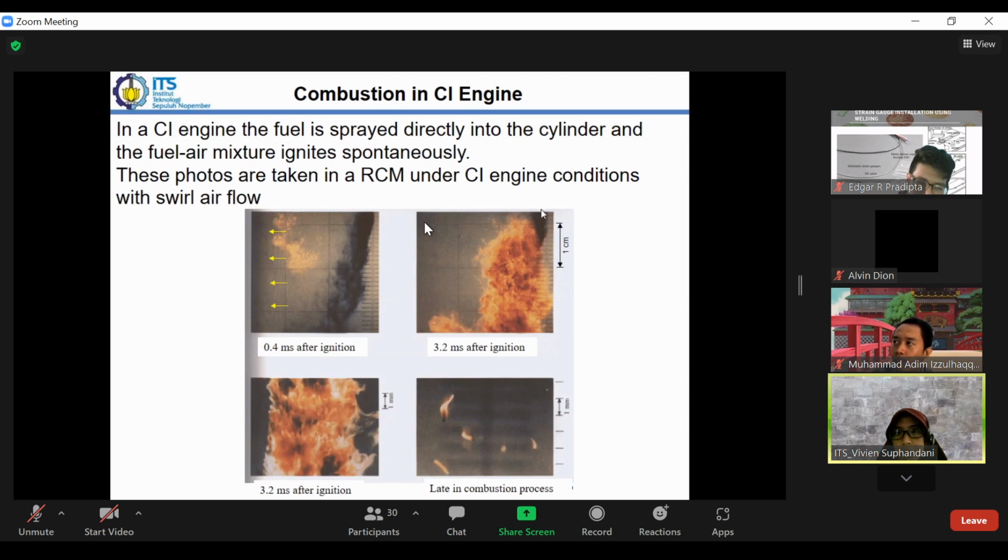We still have the injection, and a large flame develops, and so on. Late in the combustion process, it starts to finish, when the fuel is already burned. So this is the burning process in a compression ignition engine.